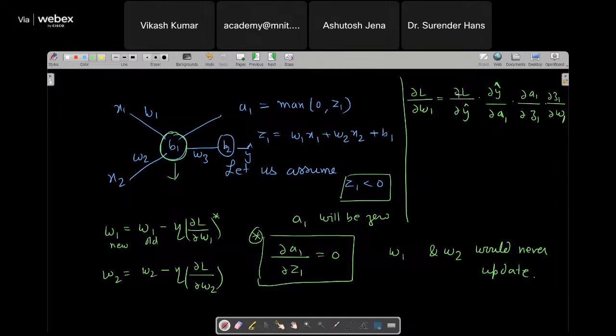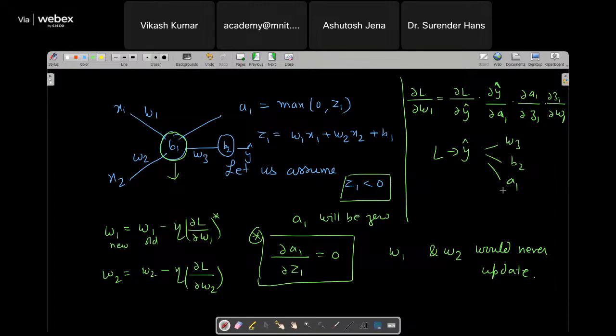Because this L is a function of y cap, and y cap depends on W3, this B2, and the output of this neuron, that is this A1.